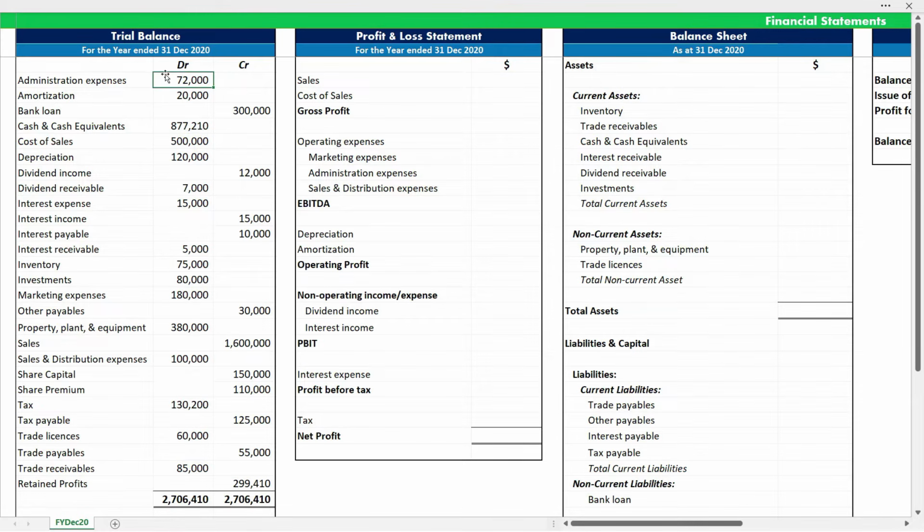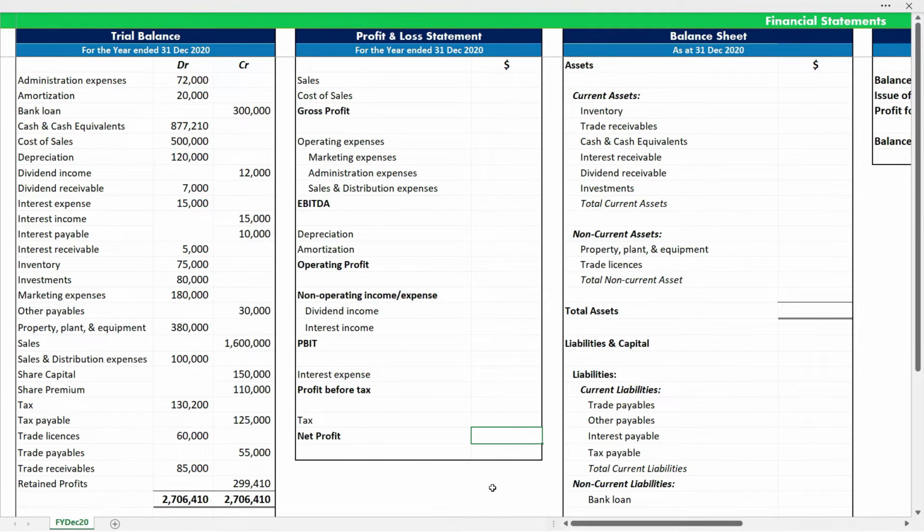But here, when you are seeing this trial balance at 31st of December, it means that all of these values are closing values at 31st December, except these retained profits. The retained profits appearing here in the trial balance are the opening value for this year, because the profit for the period is yet to be calculated in the P&L.